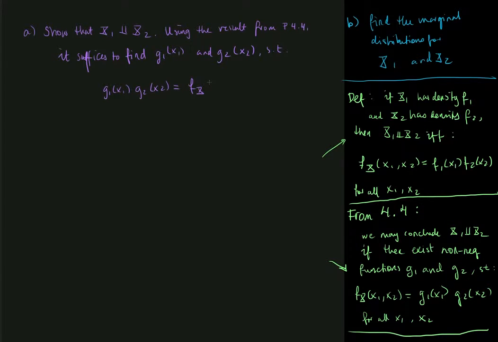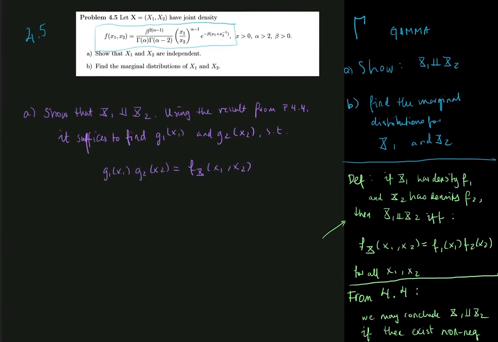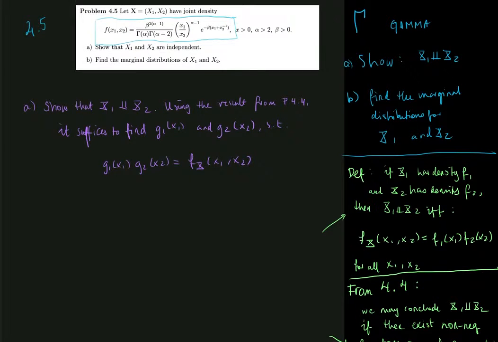the simultaneous density. So we just need to split the density up into one expression only concerning x1 and another expression only concerning x2. And that seems to be pretty straightforward, right? Because, well, this is satisfied.